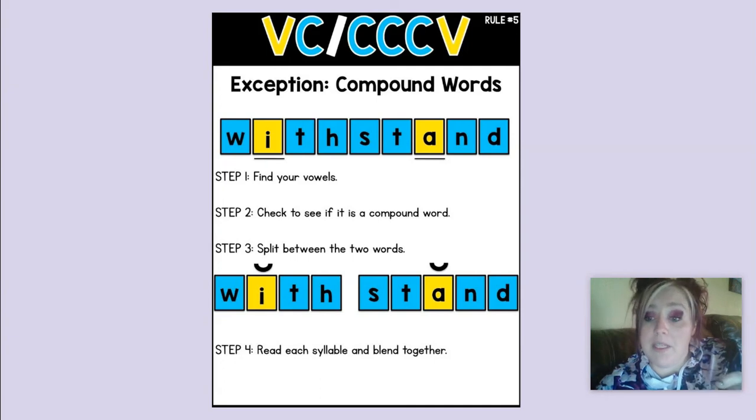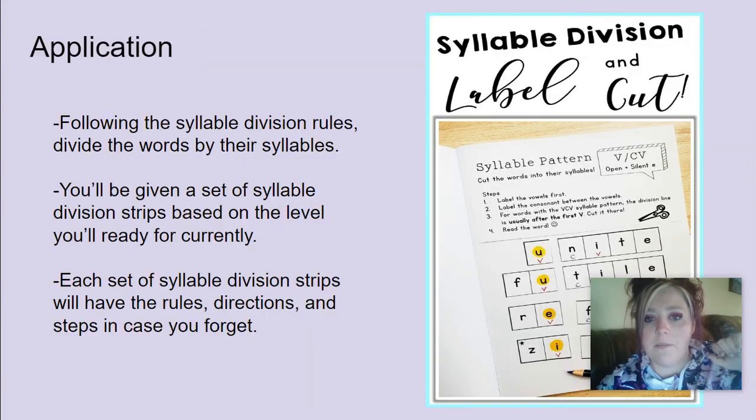But what do we see? TH is a digraph. ST is a blend. So they had to stay together. We couldn't break them up. And it happened that it was a compound word. So then we read each syllable and we blend it back together. Withstand. Okay, we did it.